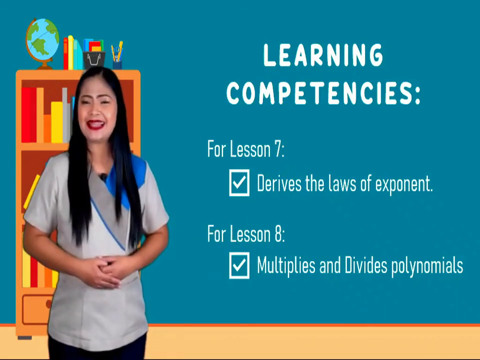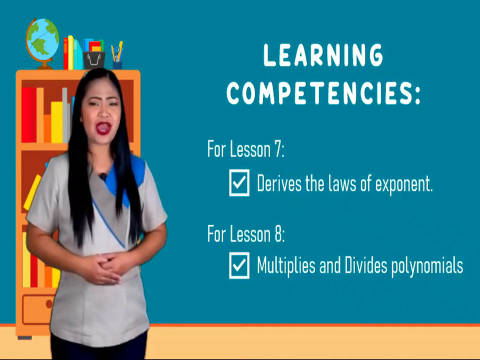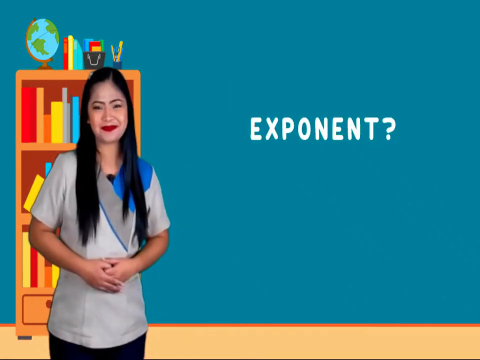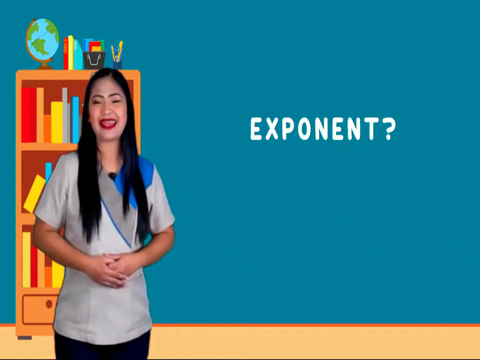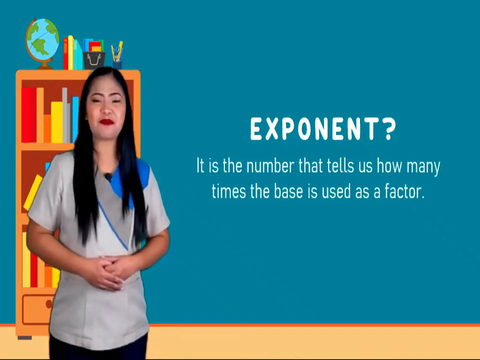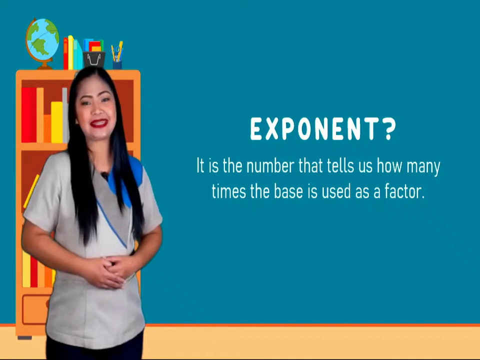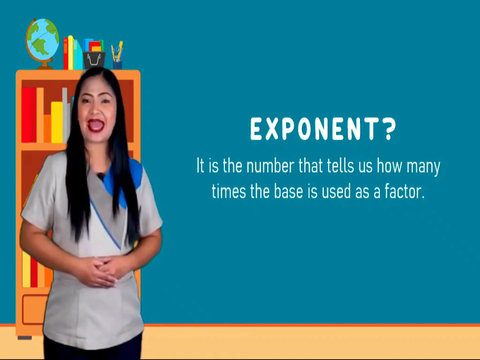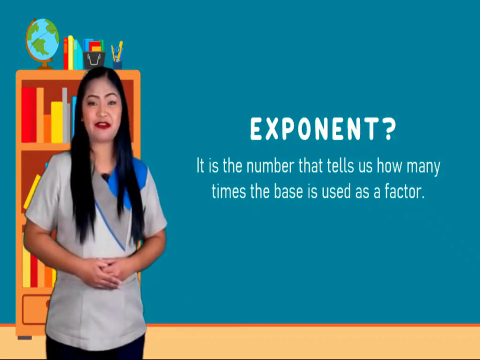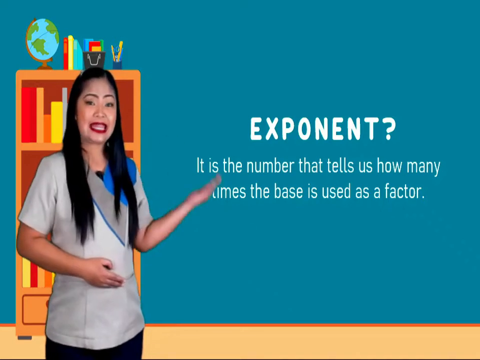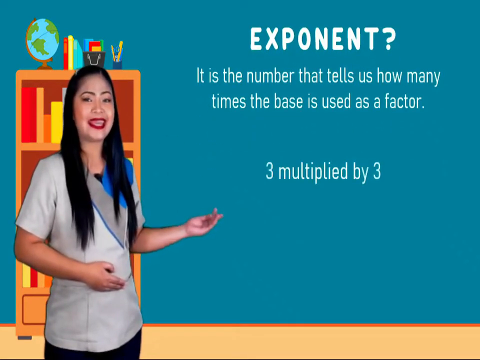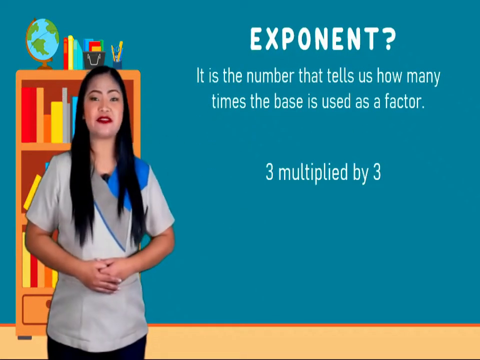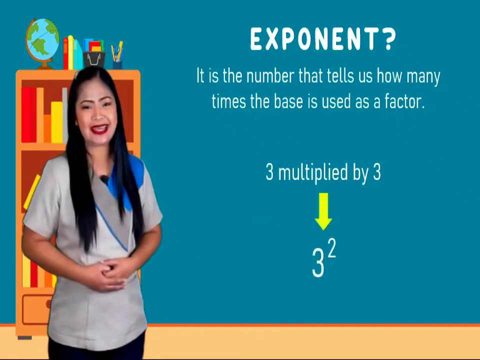To start, let me ask you, have you ever heard of the word exponent? I know you do. An exponent is the number that tells us how many times a number is used as a factor. For example, in 3 times 3, 3 is used as a factor twice.